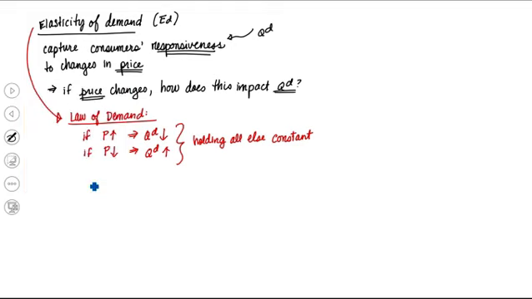But here's the thing. The law of demand is only a qualitative relationship. It doesn't tell us how much. It tells us if price goes up, then quantity will go down. But it doesn't tell us how much.